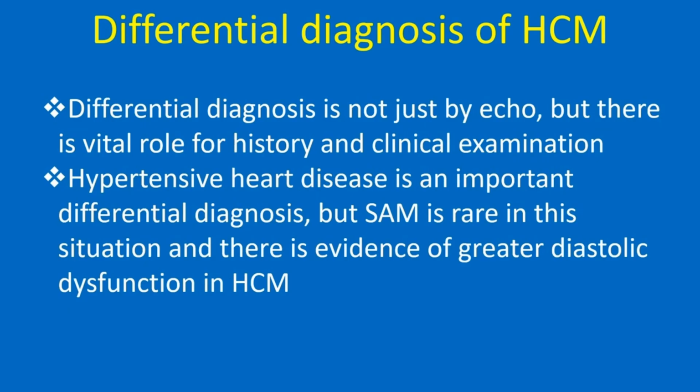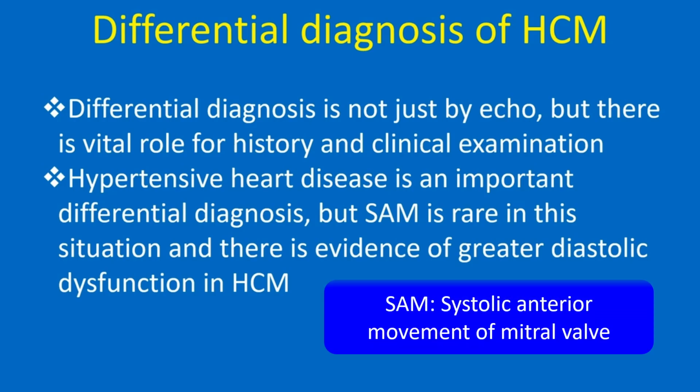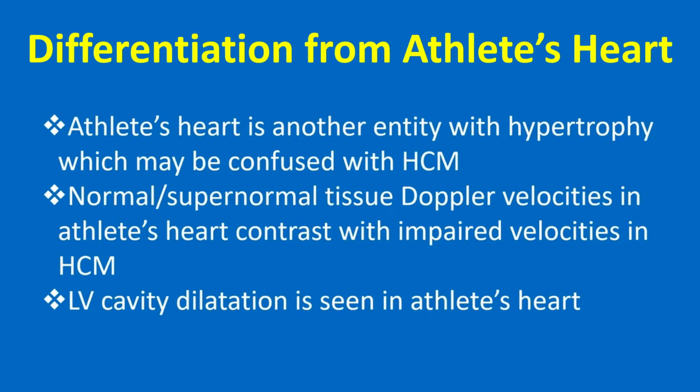Differential diagnosis is not just by echo, but there is a vital role for history and clinical examination. Hypertensive heart disease is an important differential diagnosis, but SAM is rare in this situation and there is evidence of greater diastolic dysfunction in HCM. Athlete's heart is another entity with hypertrophy which may be confused with HCM.